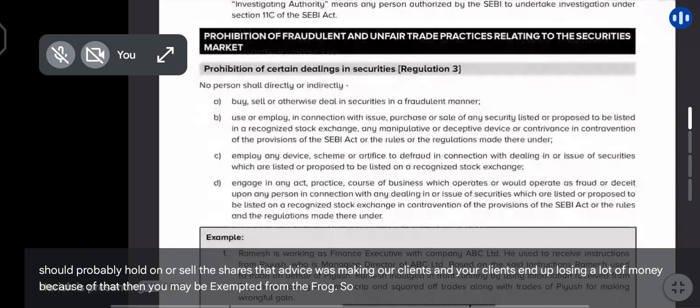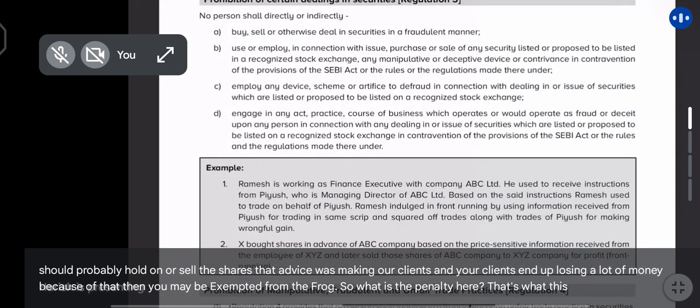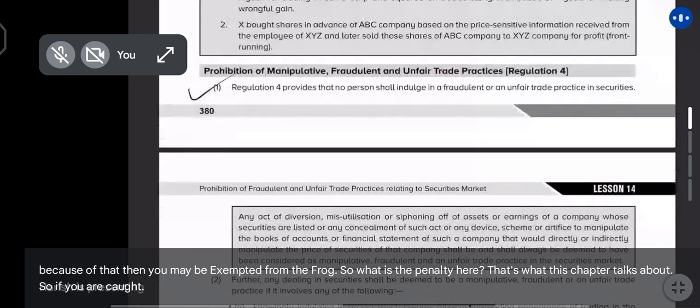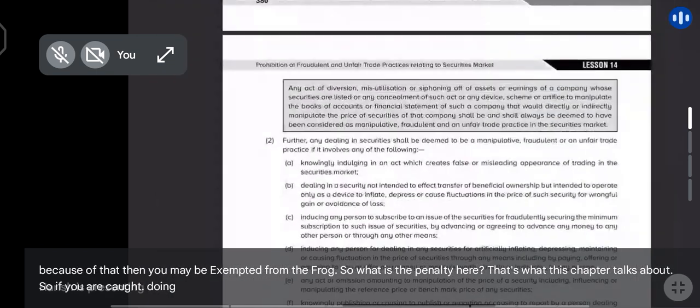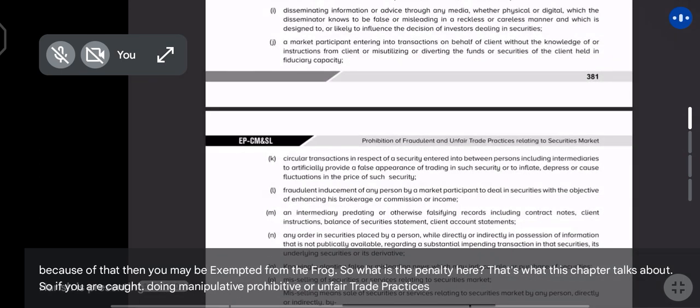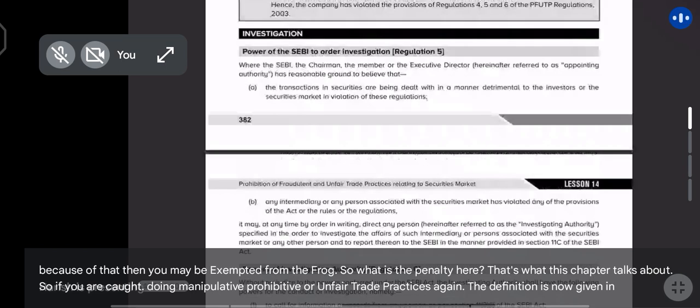So what is the penalty here? That's what this chapter talks about. So if you are caught doing manipulative, prohibitive, or unfair trade practices, again the definition is now given in detail here.